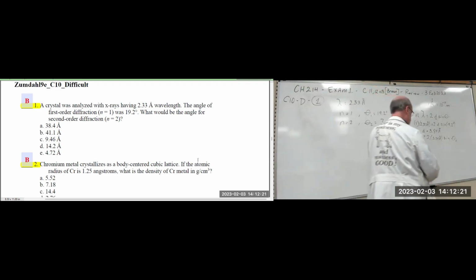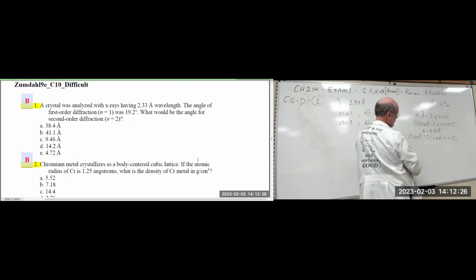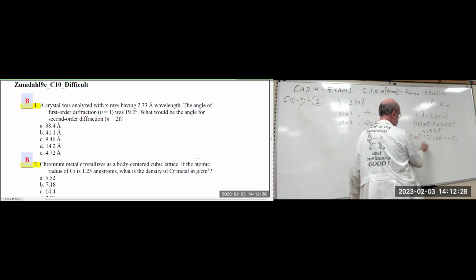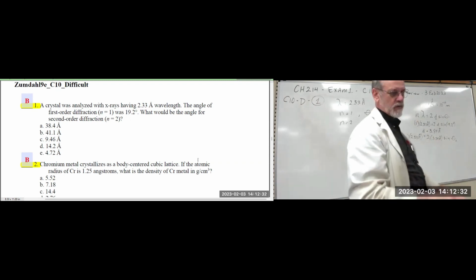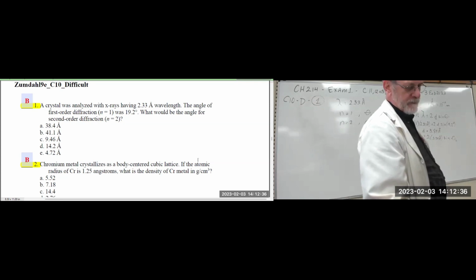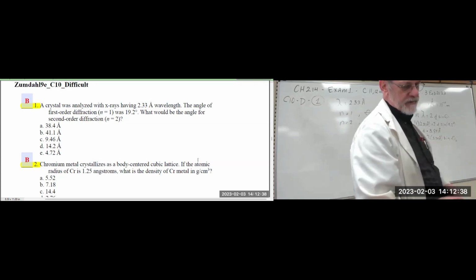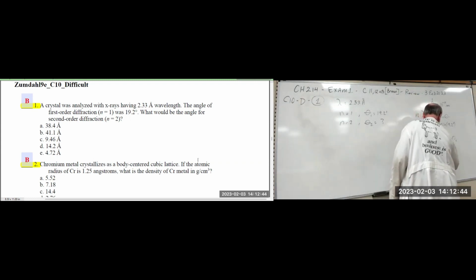And by the way, the 2's cancel. So we just divide 2.33 by 3.54. And that's 0.6582 equals the sine of theta.